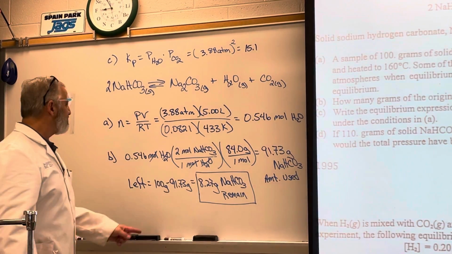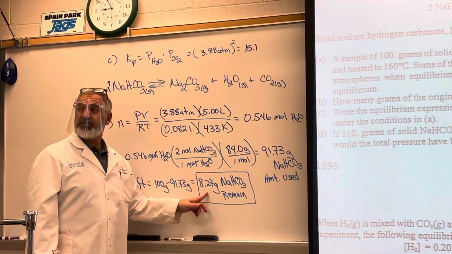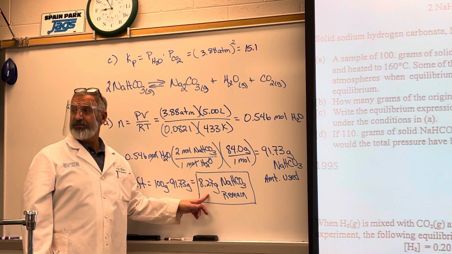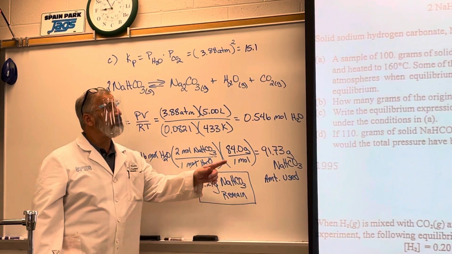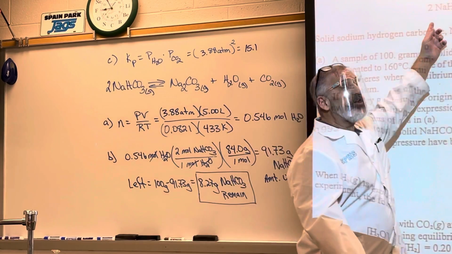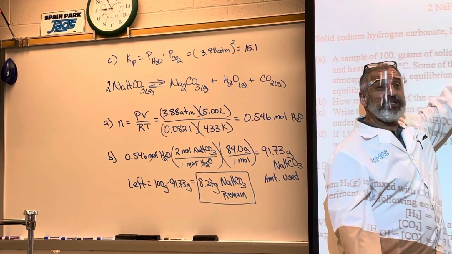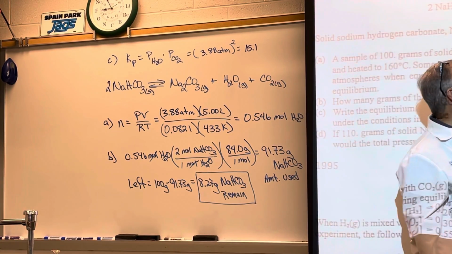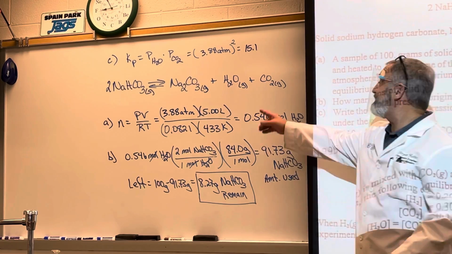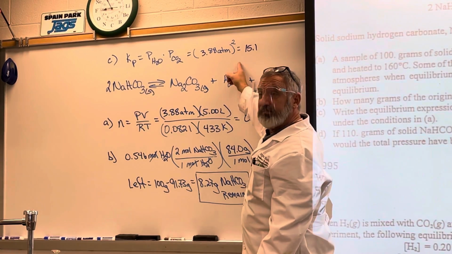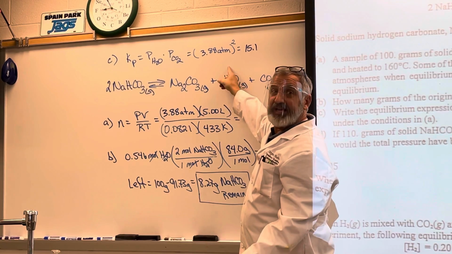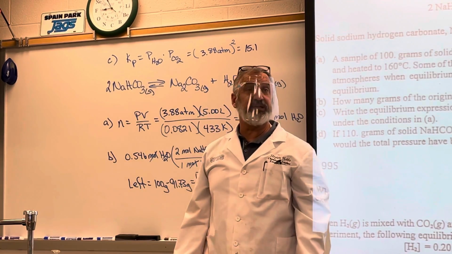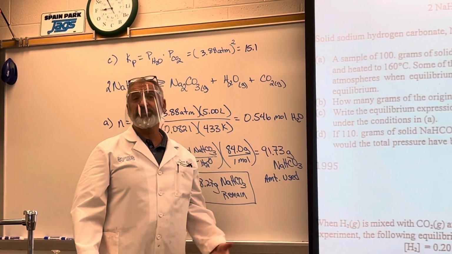That just means instead of having 8.27 grams left over, we're going to have 18.27 grams left over, because some of the solid remains. So not all of it reacts. So at the given temperature, the same amount, this gas right here cannot exceed this number. At equilibrium, it's going to be 15.1. We didn't change the temperature. Therefore, this has to stay the same. The pressures have to stay the same. You're just going to have more sitting at the bottom.